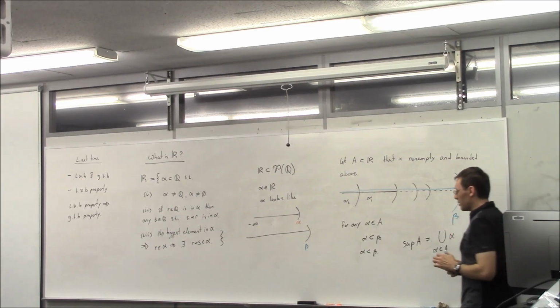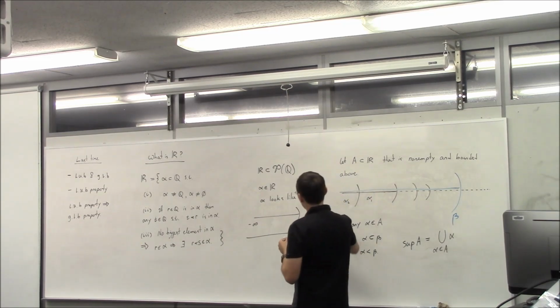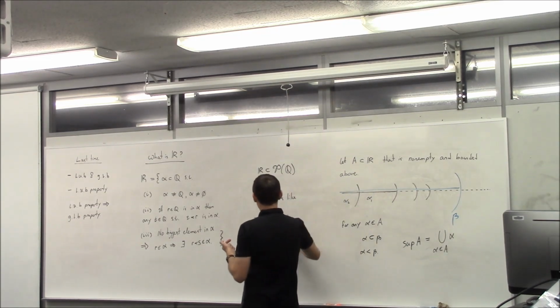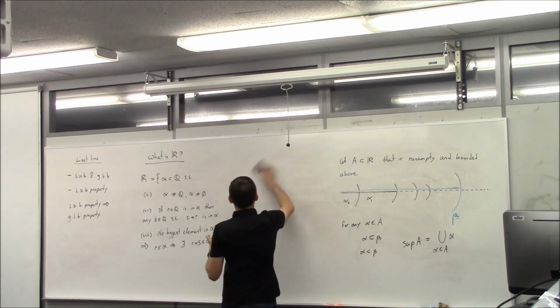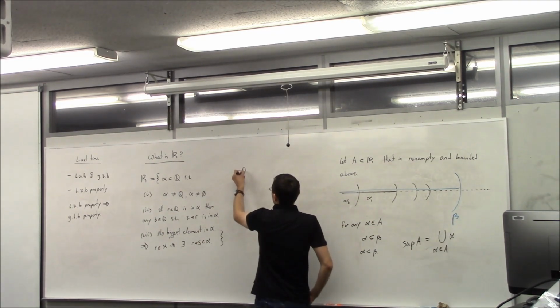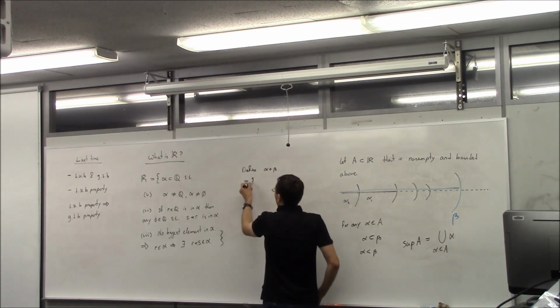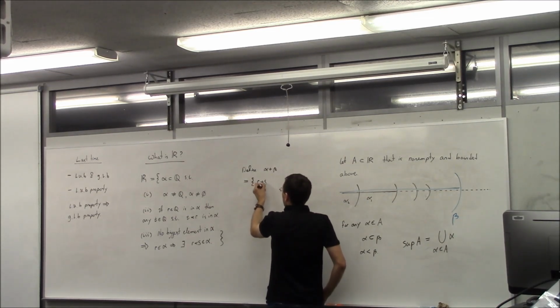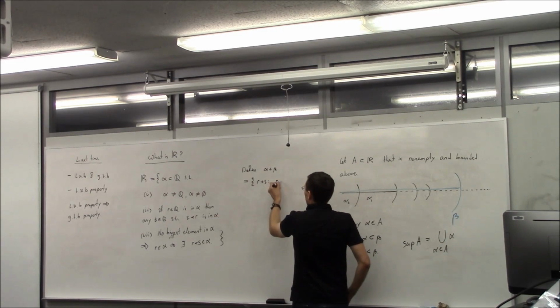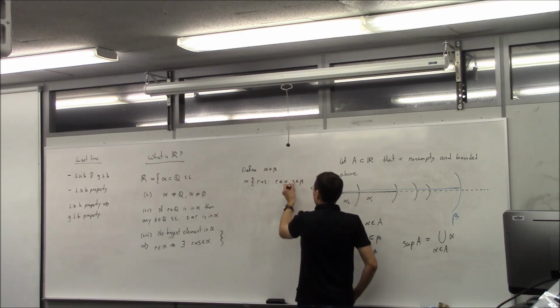Don't space out completely. So that's the supremum. You can define addition, multiplication, and you can make it into a field. And you do that. I'll just show you addition. You can define alpha plus beta to be the set of all r plus s, such that r is an element of alpha and s is an element of beta.